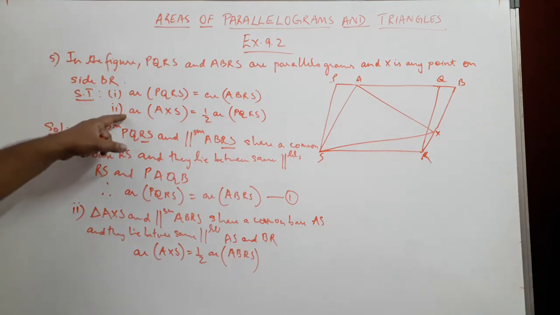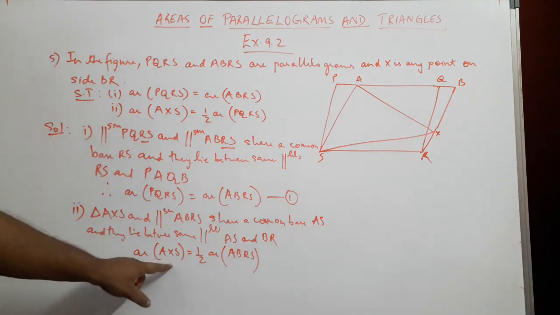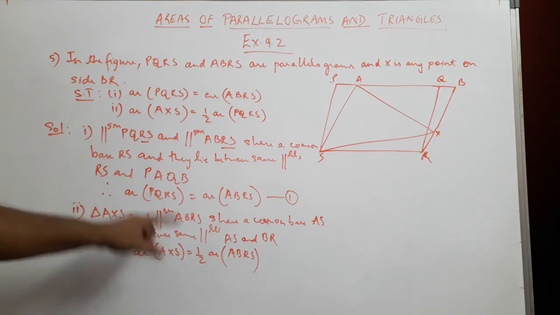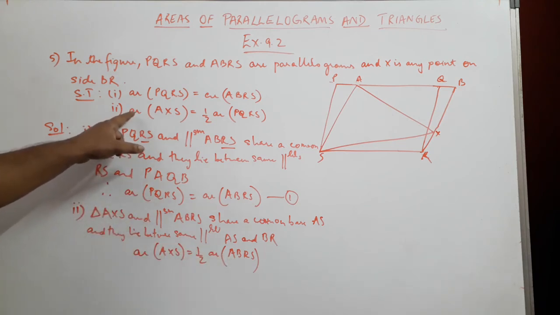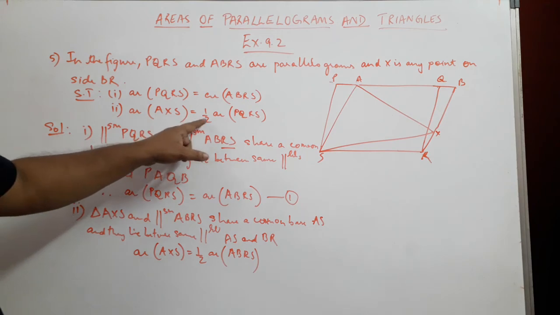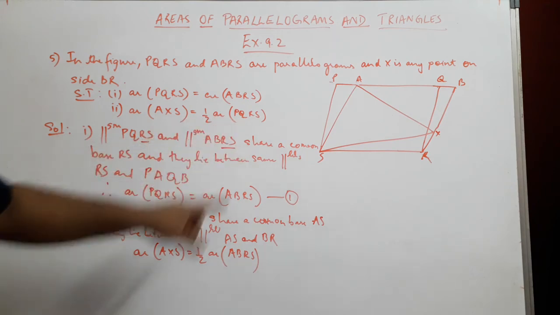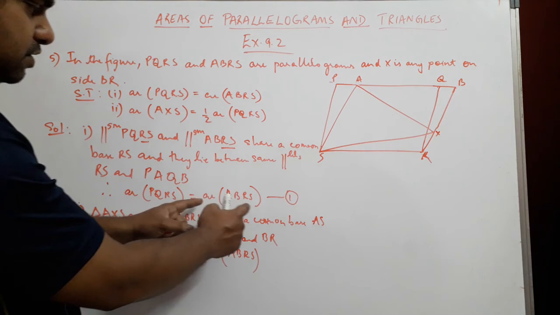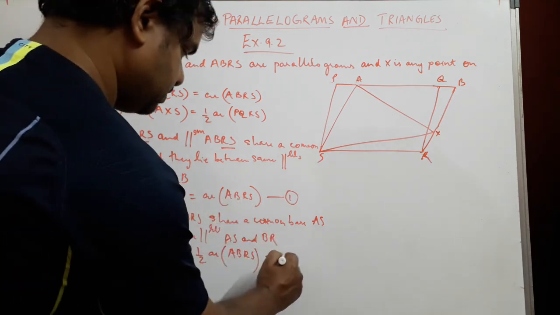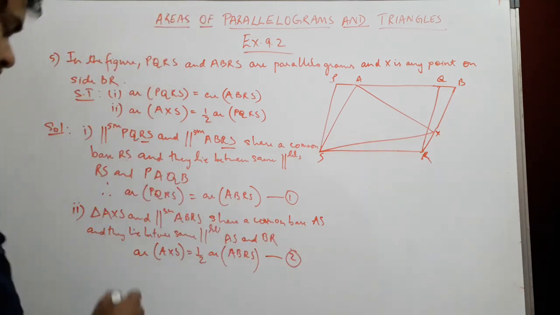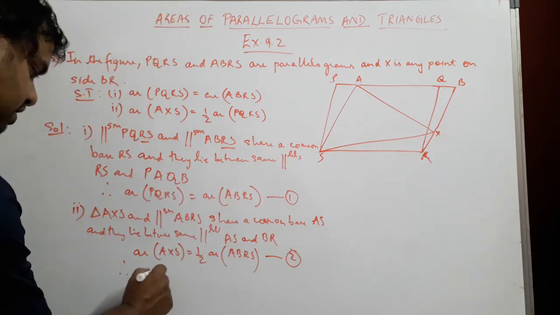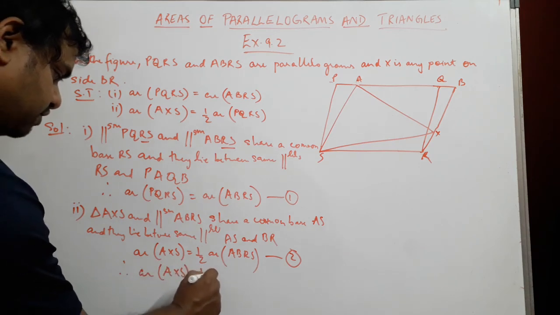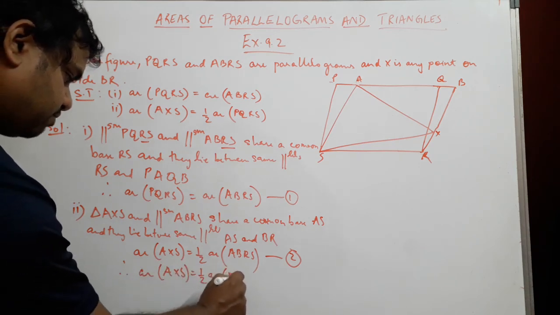But in the question we are not asked for area of ABRS; we are told to prove area of triangle AXS is equal to half of area of parallelogram PQRS. Okay, but we know that area of PQRS is equal to area of ABRS, so we can easily switch. So we put here 2, and we can say therefore area of AXS is equal to half of area of PQRS.